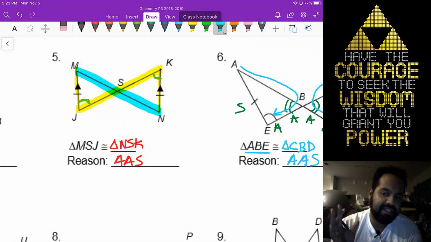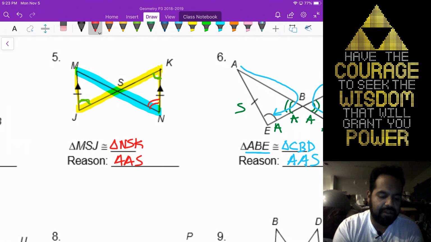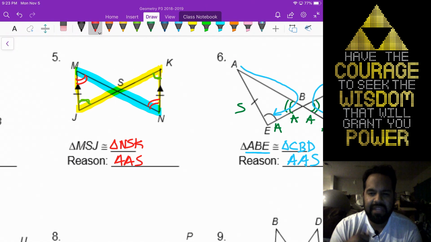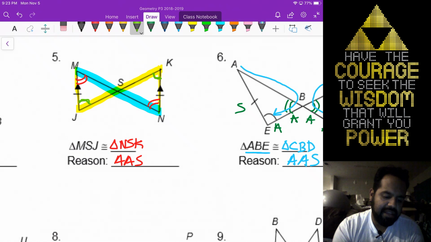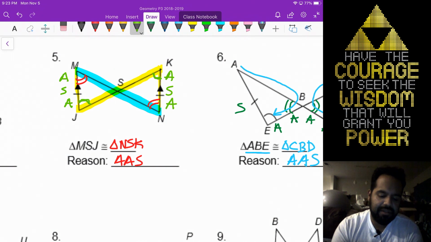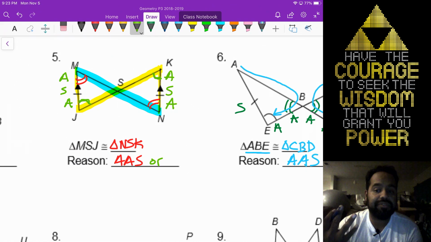Both lines are touching the parallel line, so that means that I also have this angle that is an alternate interior angle. So now if I follow these markings instead, I have an angle, side, angle. So for this one, you could say angle, angle, side, or angle, side, angle.